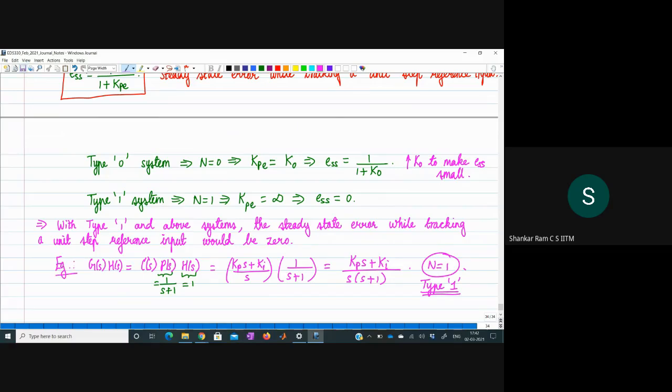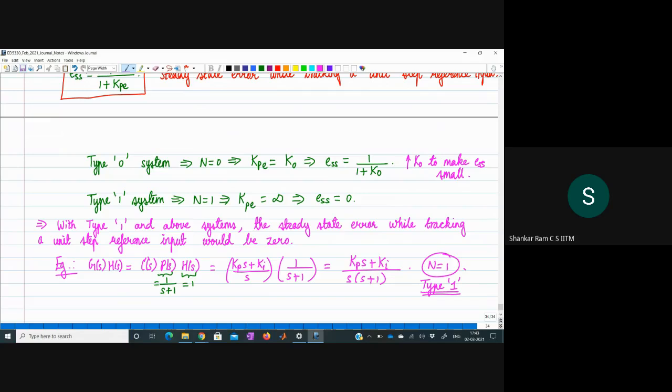If we have a plant which, to begin with, does not have an integral term in the system, that may result in a non-zero steady state error. Sorry, having an integral term would essentially help in achieving zero steady state error with step input.